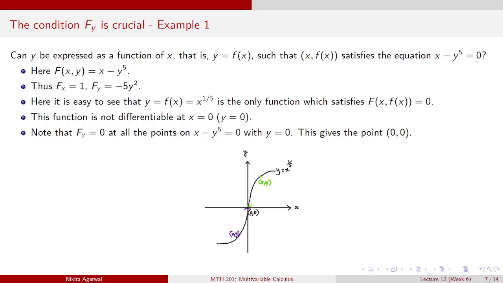You don't have differentiability. So this is the graph of the function. So at the point (0, 0), you have this, right? When you look at this function, you have to avoid this point, because at this point it's not differentiable.